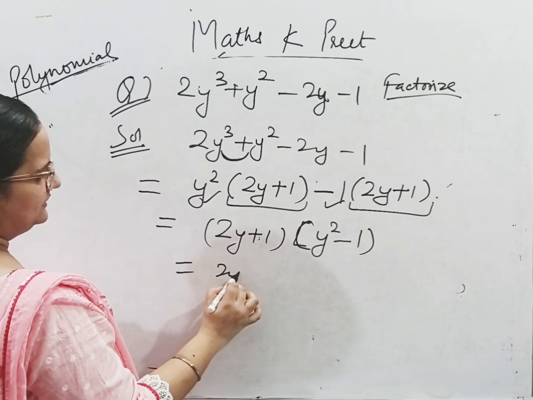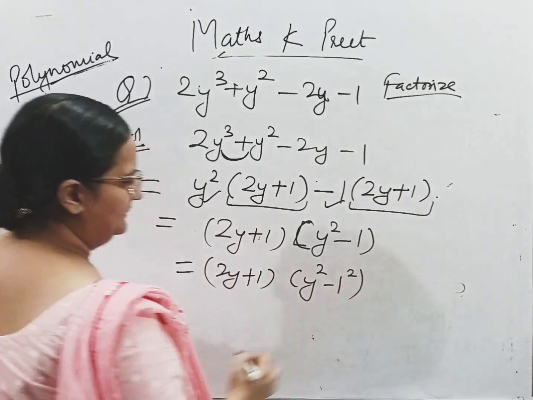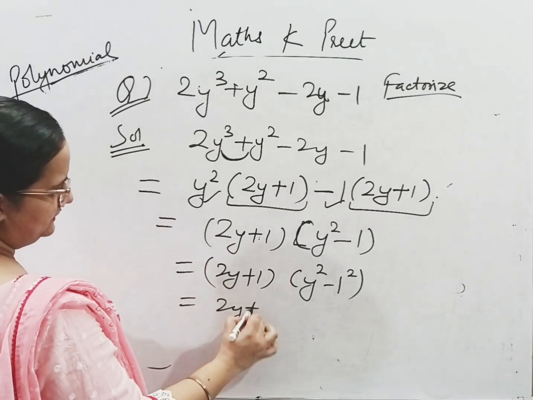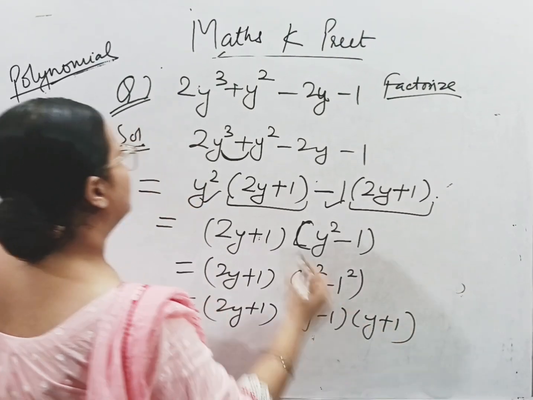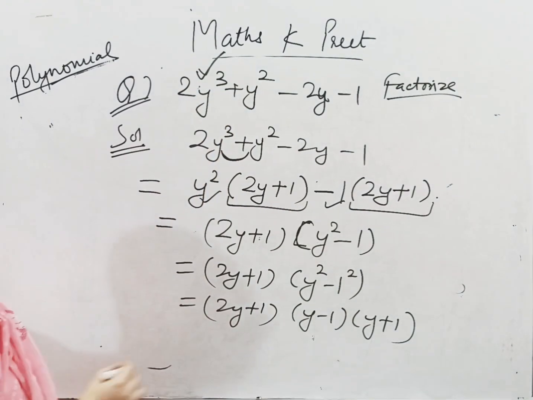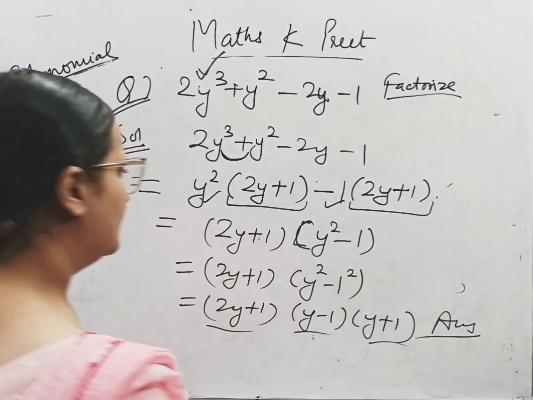This y square minus 1 is basically of the form a square minus b square, which can be written as (a minus b)(a plus b). This was a cubic polynomial, so it will have 3 factors. So this is the answer.